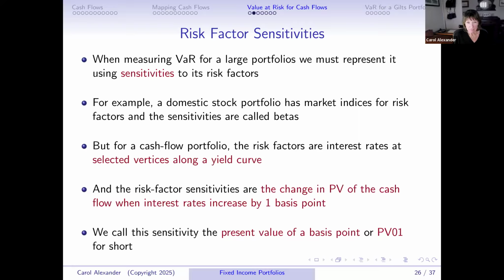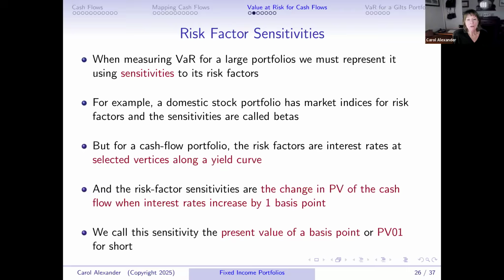But here we've got a completely different type of mapping, but we've still got risk factors and risk factor sensitivities. So we've got risk factors, which are interest rates. We've got a lot of risk factors, not just one, we've got a whole curve of risk factors at chosen vertices along a yield curve.